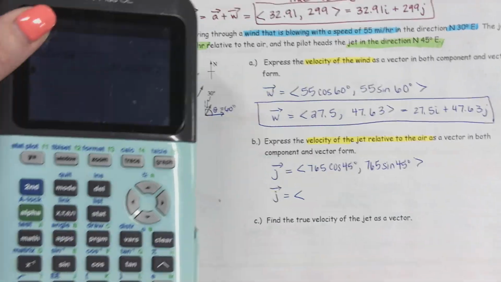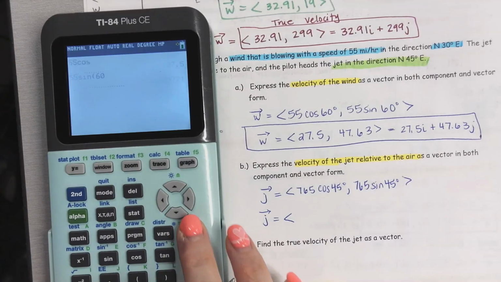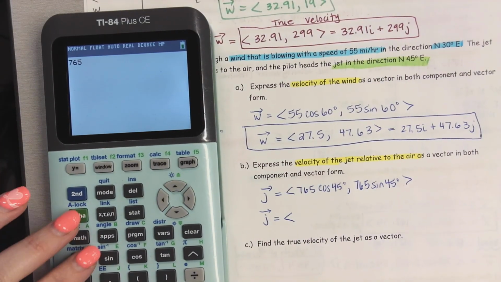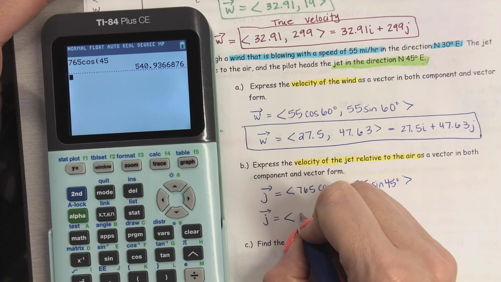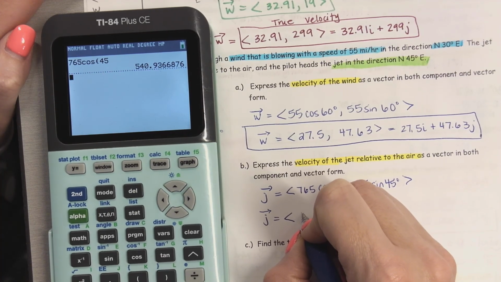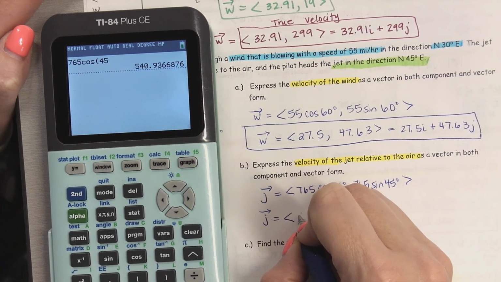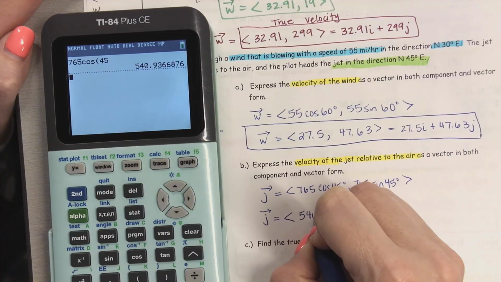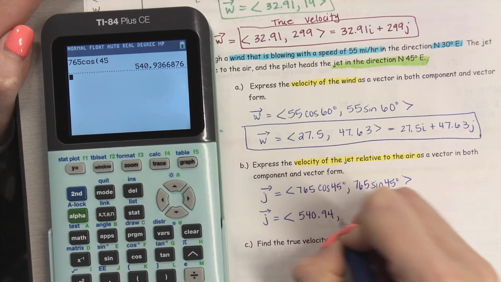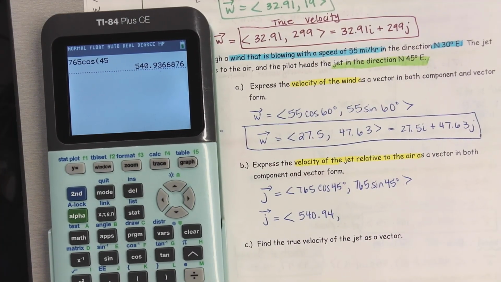Okay, so let's go ahead and calculate. Now, at the 45 degree mark, what do we know about the point at pi over 4, 45 degrees? What's the point at pi over 4?